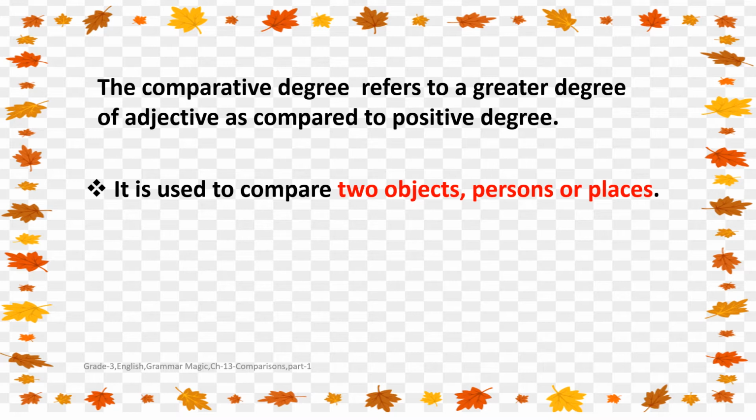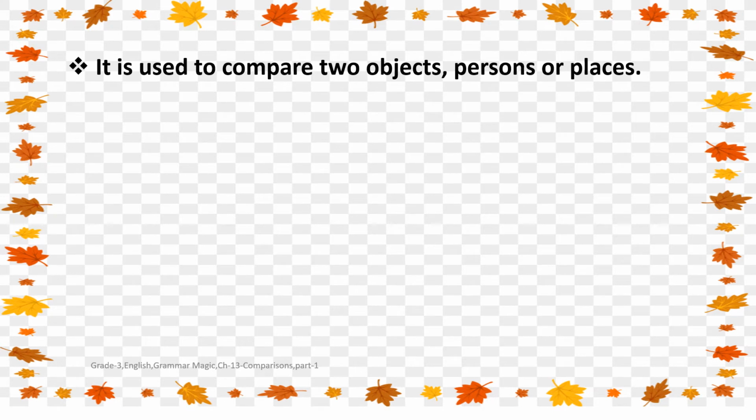When we compare something with two, that is said to be comparative degree. So comparative degree is used to compare two objects, persons or places.